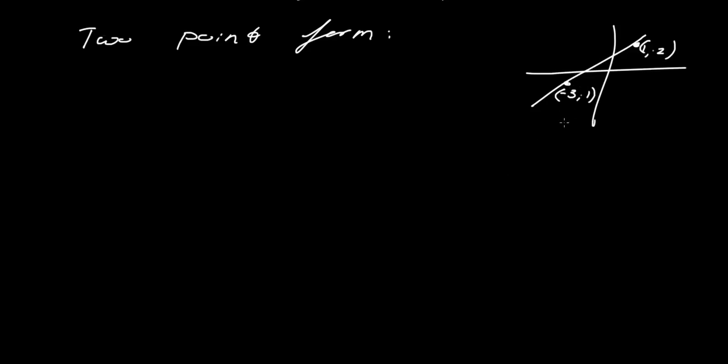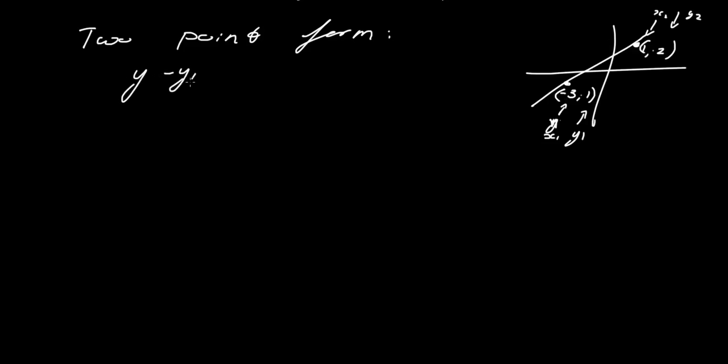I've now got 2 points on the line, so it doesn't really matter which order you use them in. So we've got x1, y1, x2, and y2. Okay, and we're going to substitute them into this formula, which is the 2-point form formula.